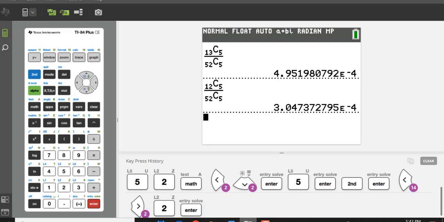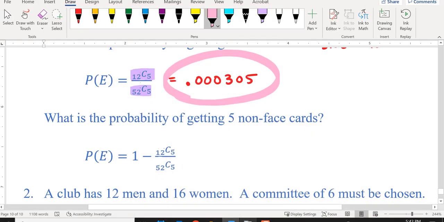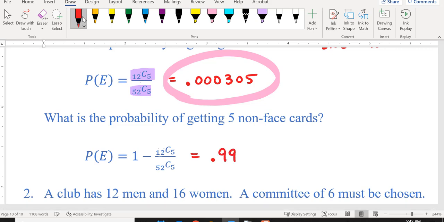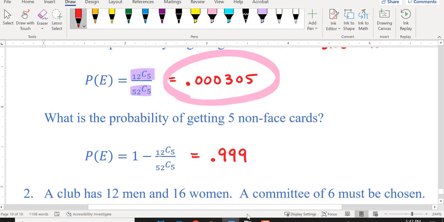So we want to do 1 minus that previous answer, and we would get 0.9997. Let's actually go out a little bit more, 0.999695. So your probability of getting 5 non-face cards in a 5-card hand is 99.9695%. That's a pretty high probability.